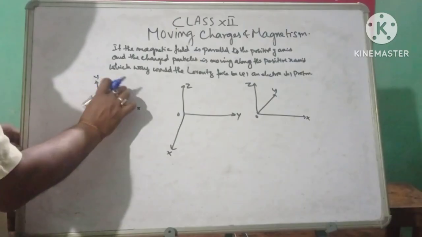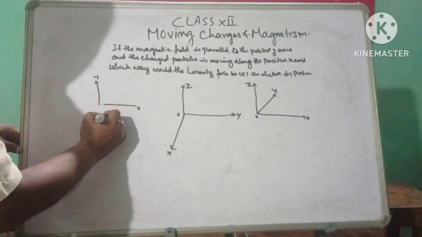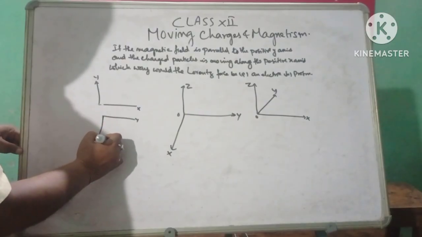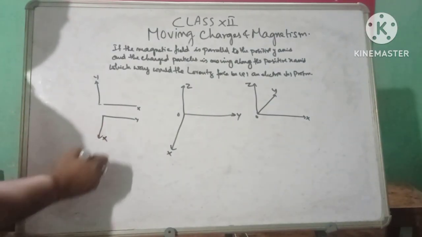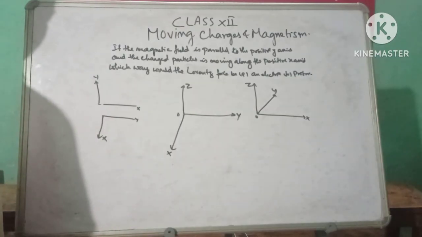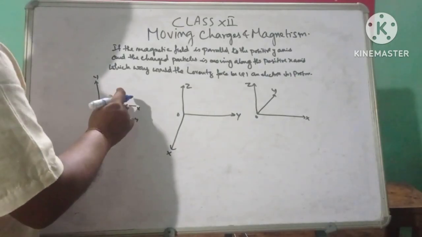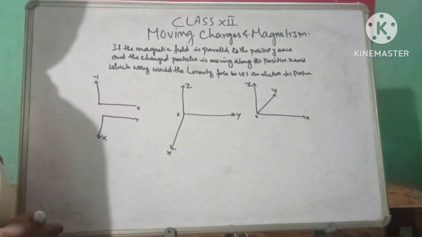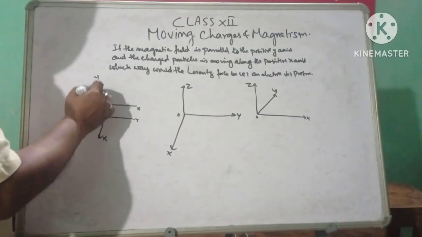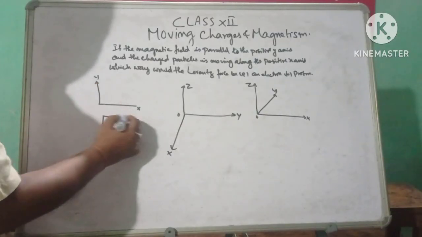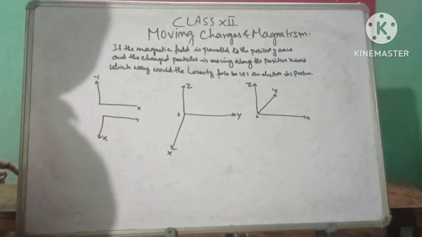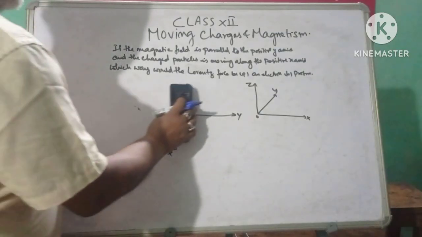Now if you shift this y here, then your x will move here. If you are taking this x, then this will be your positive y. But if you are taking this y, then this side will be your positive x. This is a very basic point.